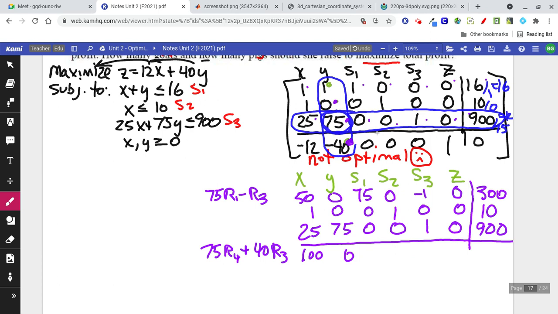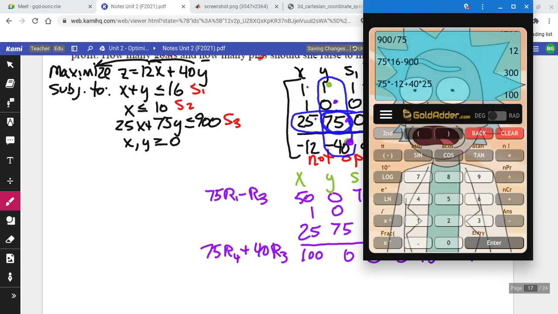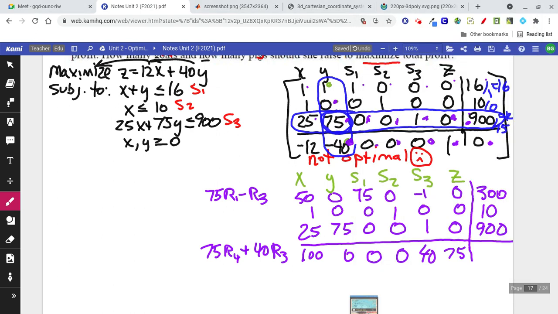Okay. 75 zeros plus 40 zeros is 0. 75 zeros plus 40 zeros is 0. 75 zeros plus 40 ones is 40. 75 ones plus 40 zeros is 75. 75 zeros plus 40 900s is $36,000.